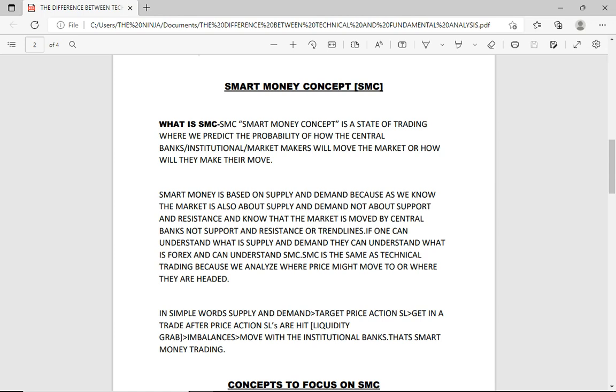That's how smart money trading works. So in simple words, like I said, smart money is about supply and demand. So we start off with supply and demand. Where these price action traders have put their stop losses, it's actually a liquidity grab.